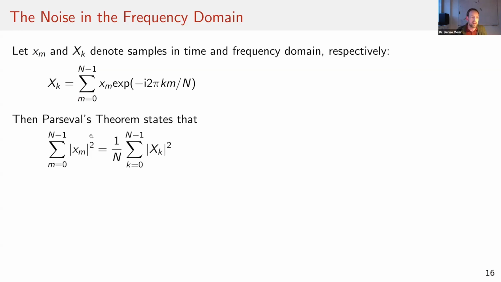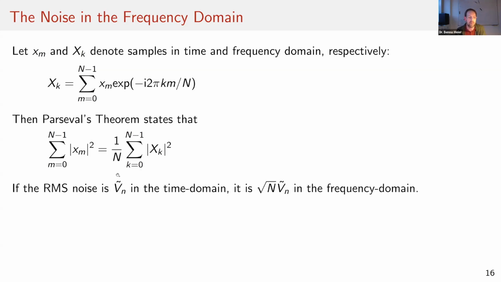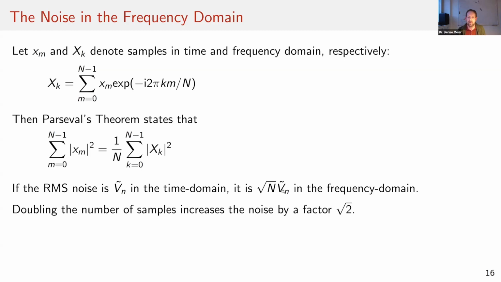Okay, and there's Parseval's theorem, which states that the variance in the time domain is equal to 1 over n times the variance in the frequency domain. In other words, if you have a root mean square noise voltage in the time domain, then you get square root n times this value in the frequency domain. This is also clear if you double the number of samples.